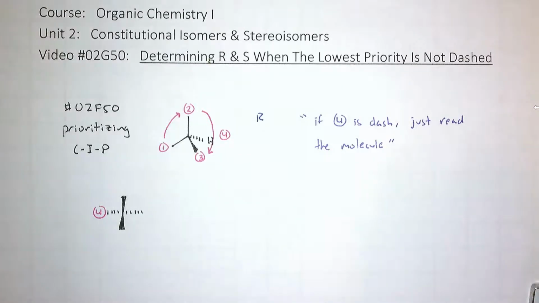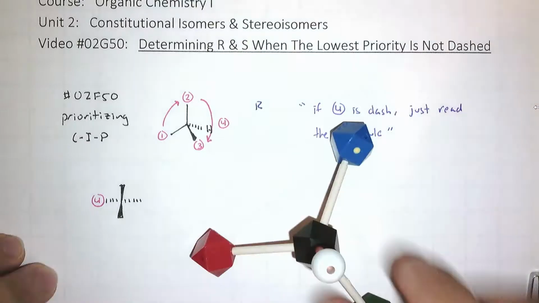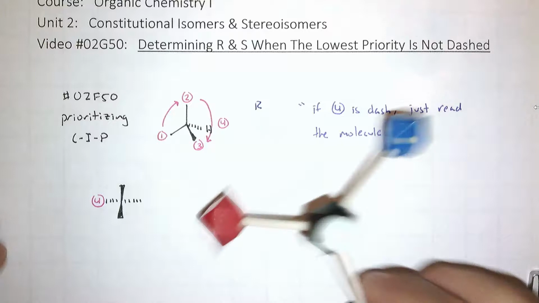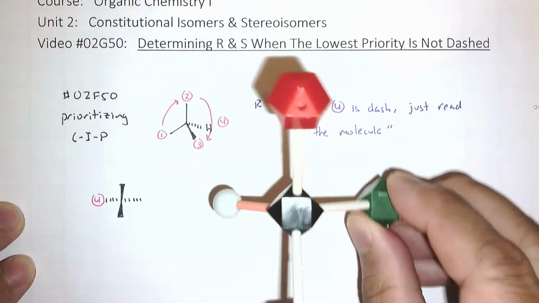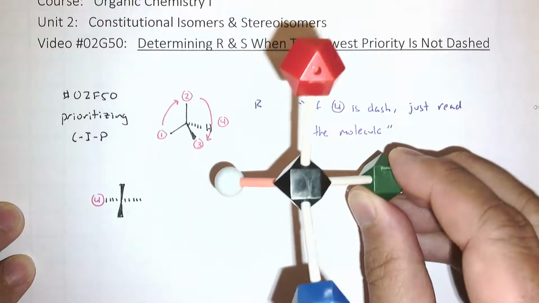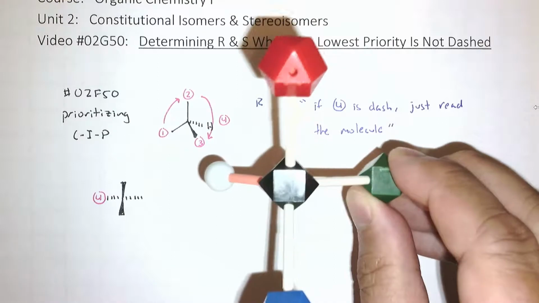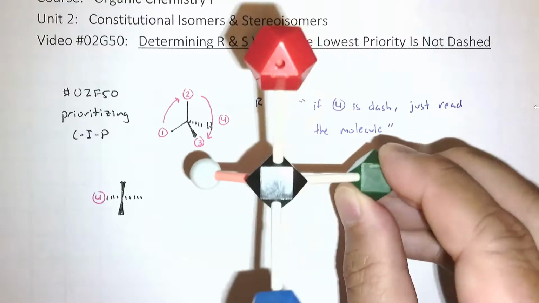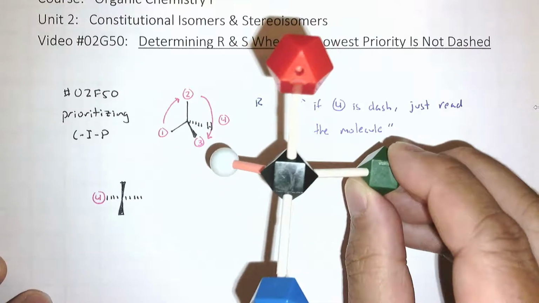Now, let me prove to you that we can have 2 wedges and 2 dashes. By taking the same molecule that we use for this drawing, what if I orient the molecule like that? Do you see how the hydrogen on the left is pointing away from you? But look at the green atom that I'm holding. That's also pointing away from you. The red and the blue are pointed towards you. So you can have a molecule oriented where you have 2 wedges and 2 dashes.